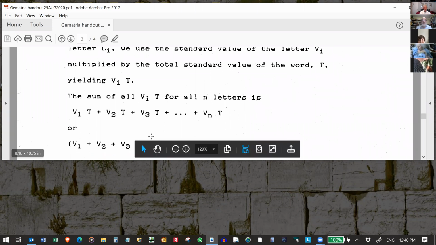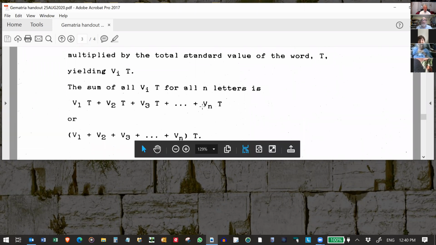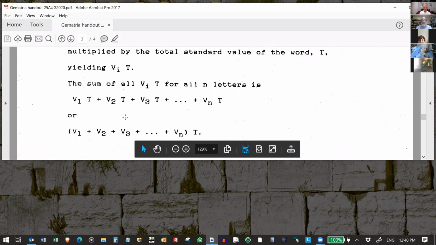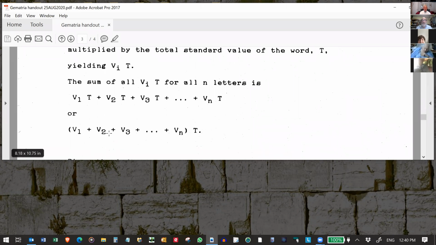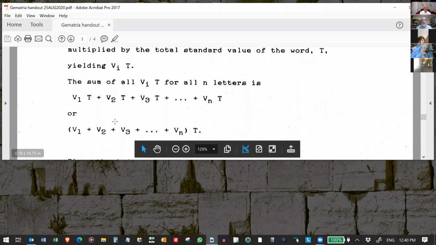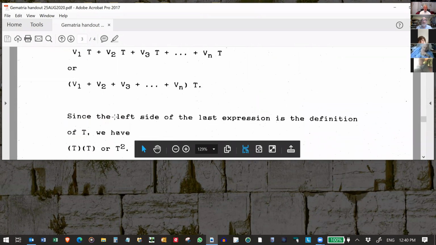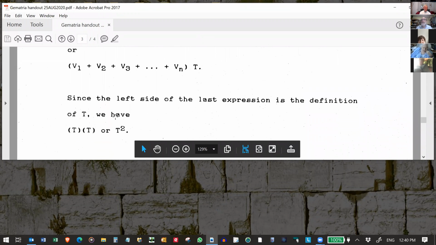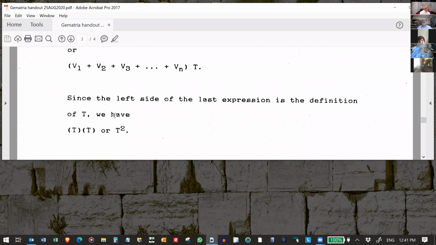And if you factor out T from this equation, you get V1 plus V2 plus V3, and so on. What is this? This is just T, the value of all the numbers. So we have T times T, or T squared. And so that's the rationale behind taking the understanding of each letter, taking the full amount and squaring them.